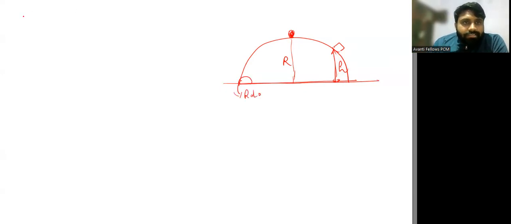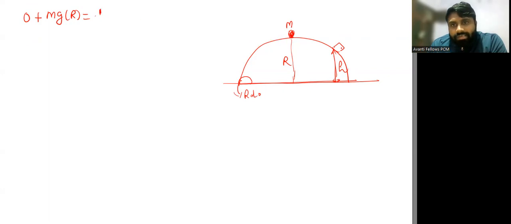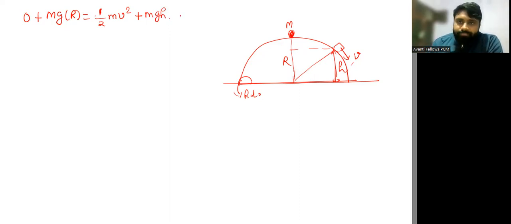So initial kinetic energy is 0, plus the initial potential energy. The mass of this block is m, so it will be mgr, where the initial height is r, is equal to the final kinetic energy. Let's say at this point the velocity is v, so 1 by 2 m v square, plus the final potential energy, which will be mgh. Now we have to find h in terms of cos theta.